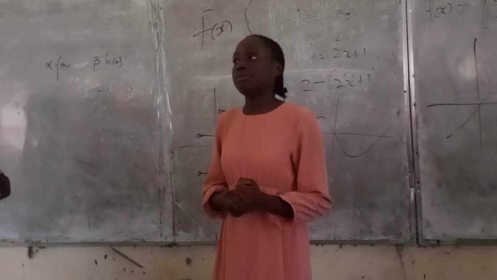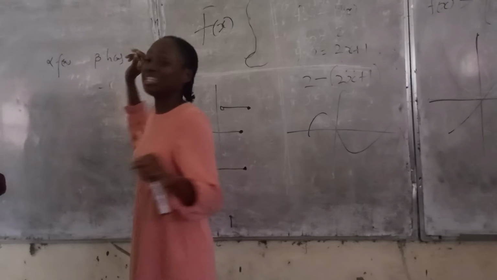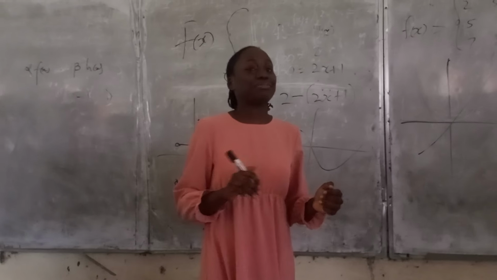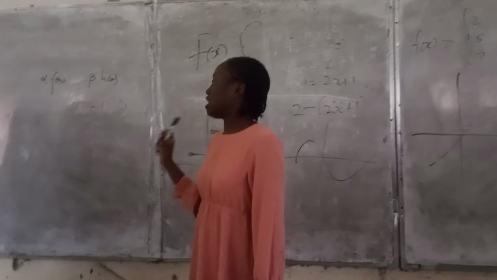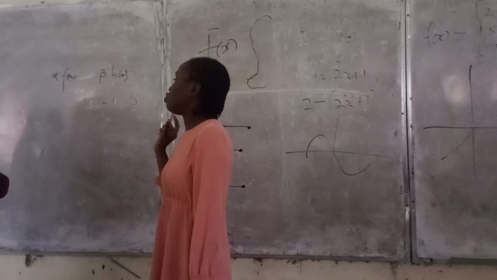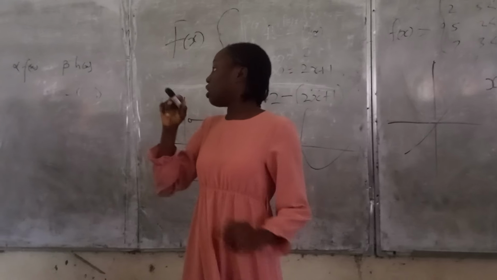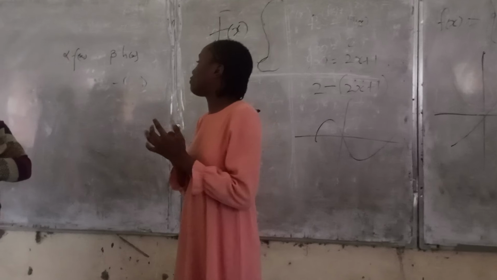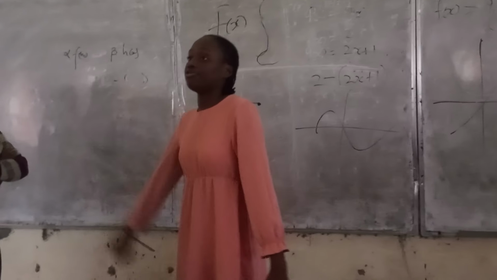Now, talking about scalars, using scalars to multiply functions. When you're using scalars to multiply the function, you use the scalar to multiply the function before taking like terms or going forward to the operation involved.